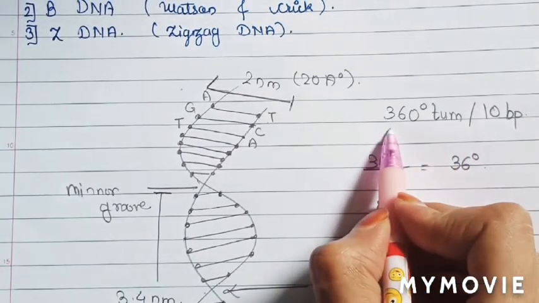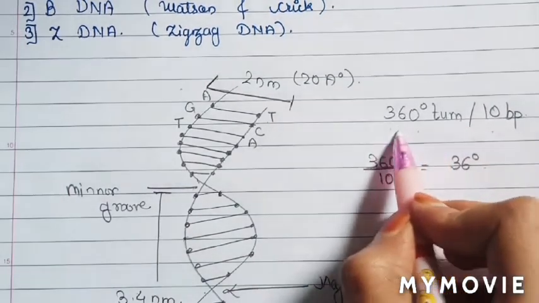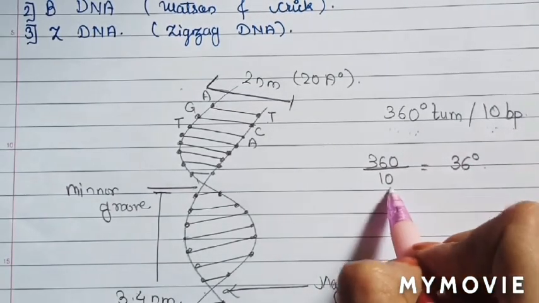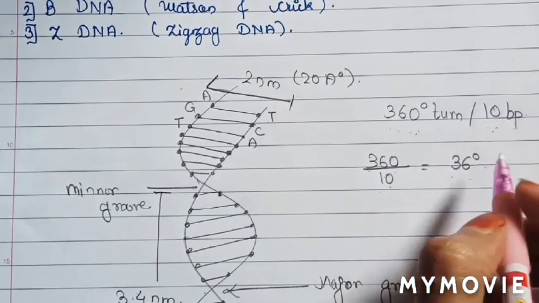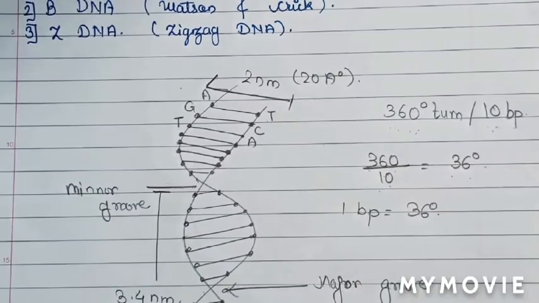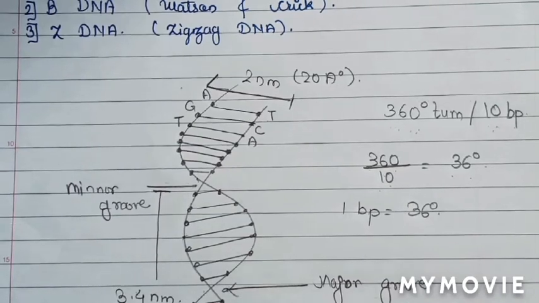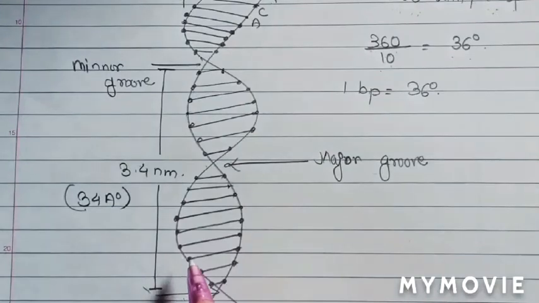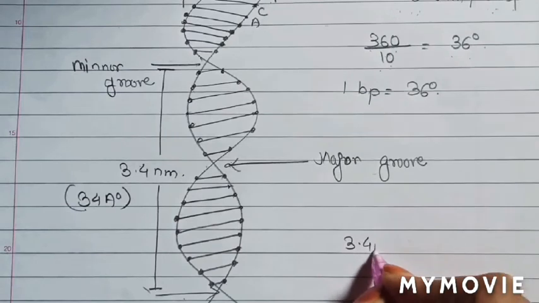If we divide this 360-degree turn by 10 base pairs, we know that the 360-degree turn of DNA consists of 10 base pairs, then 360 divided by 10 is equal to 36 degrees, which means one base pair is equal to 36 degrees. If we talk about two successive base pairs, then we know that the distance between two successive major or minor grooves is 3.4 nanometer.